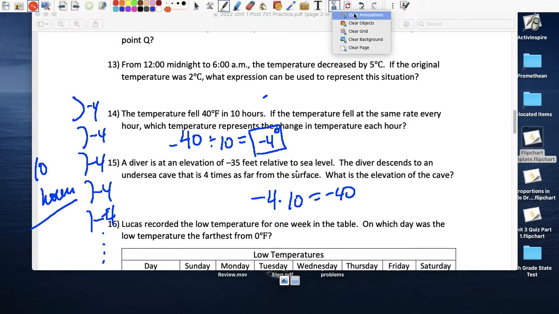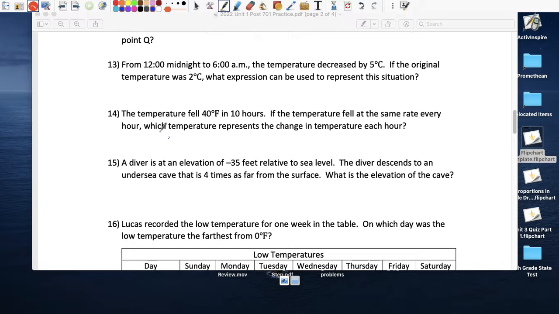So that's it. A diver, right? Here's the ocean, and there's a diver over here, and he's at negative 35. And then it says that the diver is going to go down, undersea to an undersea cave that is 4 times as far from the surface.